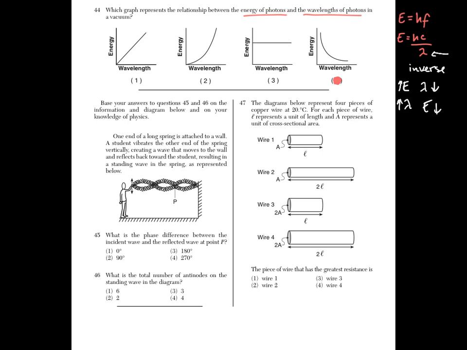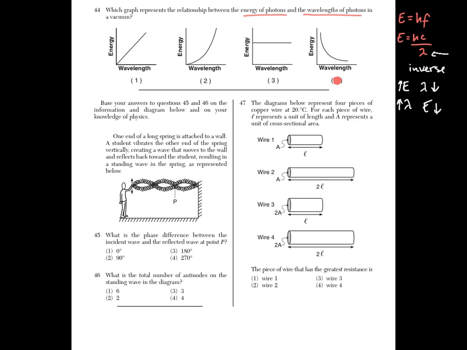Now, number 45. Okay, 45 and 46 are related to each other. Here we have a standing wave being created by a student with a spring. What is the phase difference between the incident wave and the reflected wave at point P?